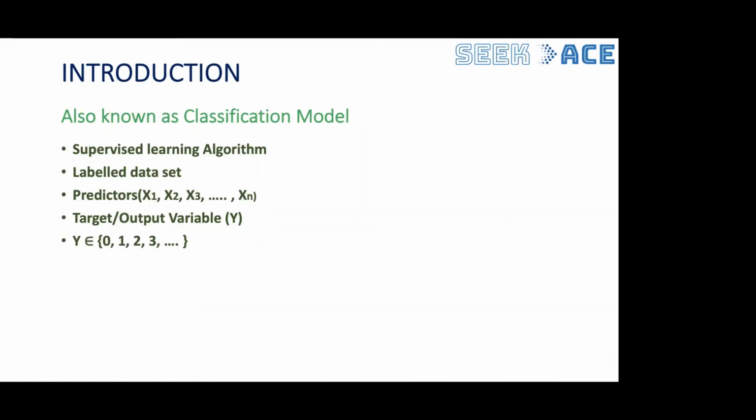When I'm talking about a labeled data set, the data will be in pairs. So you have a target or output variable y, and then you have a set of corresponding predictors, or feature variables, for each y. Suppose you have y1, then you have predictors x1, x2, x3, with subscripts like x11, x12, x13, and x1n.